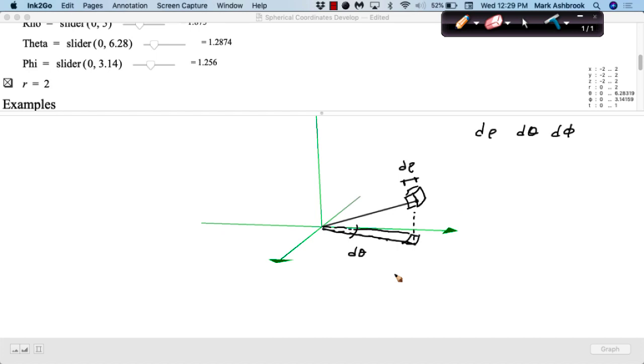And that d theta allows us to find this dimension of the little element, this one right here. What does that little dimension equal? It doesn't equal d theta, but what? Not rho. So it's going to be r d theta, just like in cylindrical coordinates. But what is r?